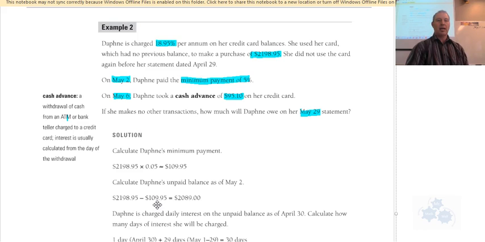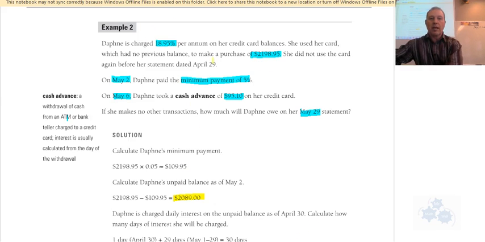So you take that minimum payment away, and do you see you have now a new balance? So this new balance, which is not a running shoe, it's actually a new dollar amount, a new balance, and that's now what she is going to be dealing with. So she's paid off part of it. Okay. So Daphne is charged daily interest on the unpaid balance as of April 30th.